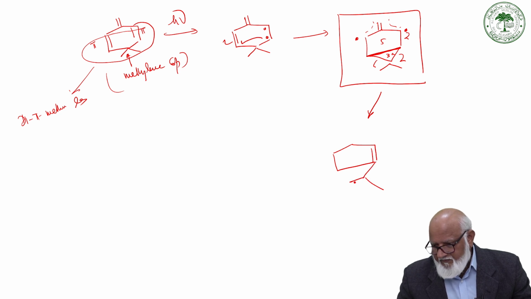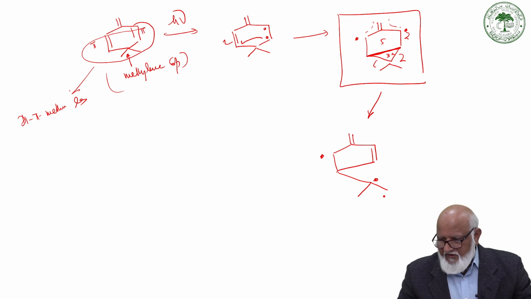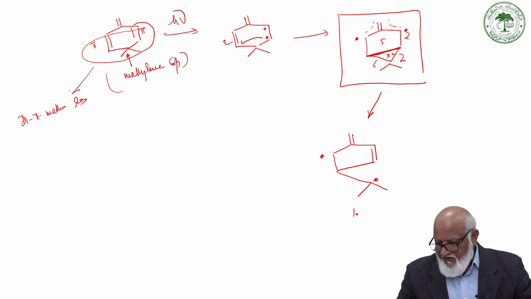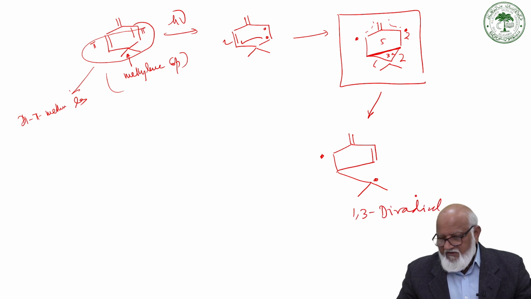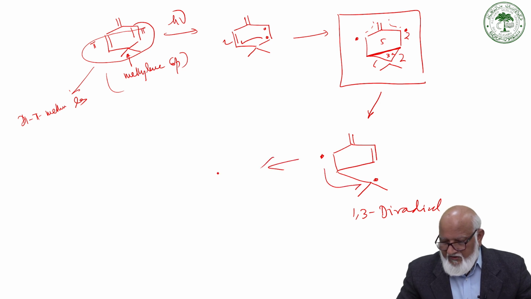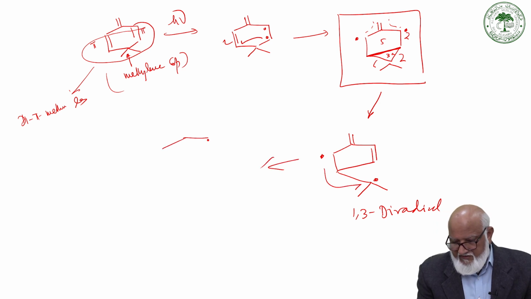We get this one, and then this one, and then this double bond. So this is the new 1,3-diradical intermediate that is formed, and then this will combine to give the product like this.